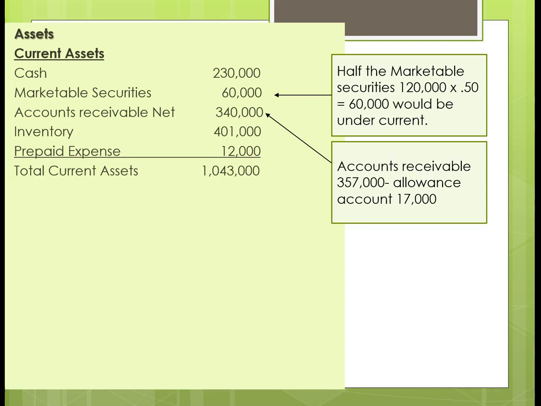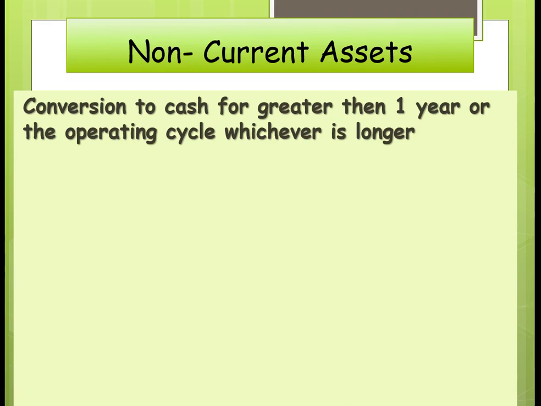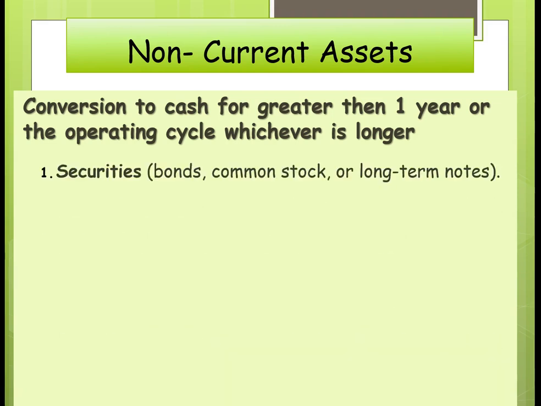Now we're going to move on to the non-current or long-term assets, and these have a number of sections. Non-current assets are those whose conversion to cash takes greater than a year or the operating cycle, whichever is longer. Examples would be securities, bonds, common stock, or long-term notes of other companies.